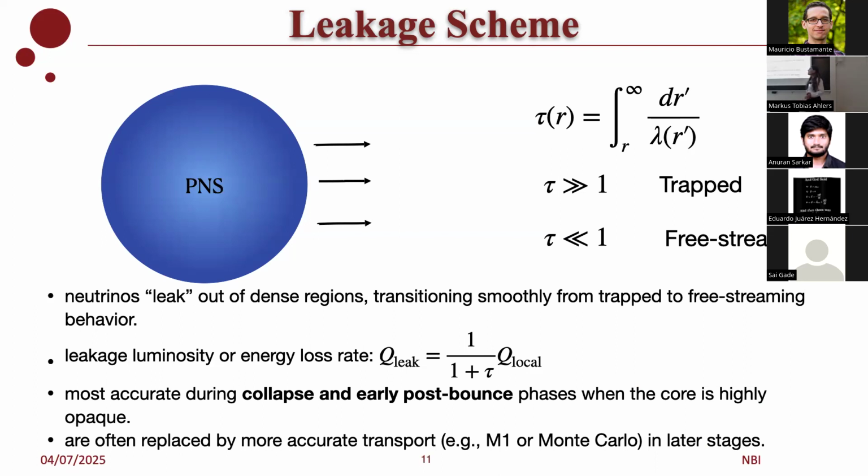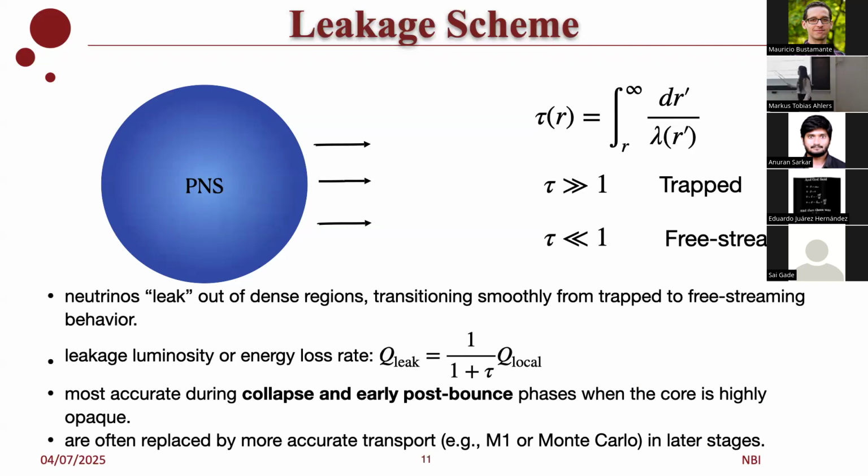So the leakage scheme tries to smoothly transition from the trapping regime to the free streaming regime by simply assuming that neutrinos leak. Some part of neutrinos leak, and there is a single energy isotropic leakage assumption, and the energy loss due to this leakage can be determined by the local emissivity at that point and neutrino mean optical depths.